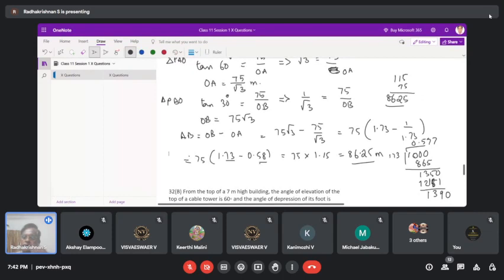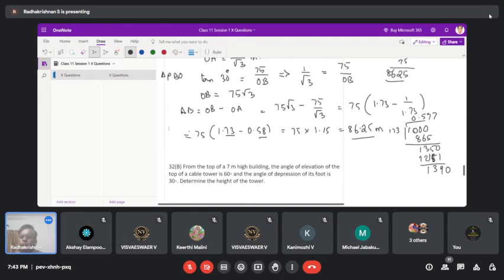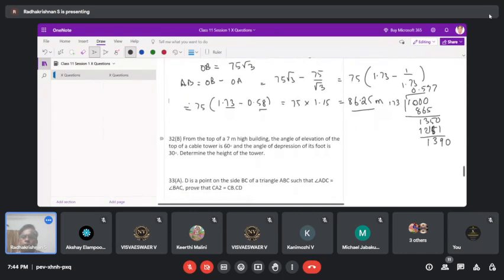So the answer is 86.25 meters. Okay, so let's go to the next problem.